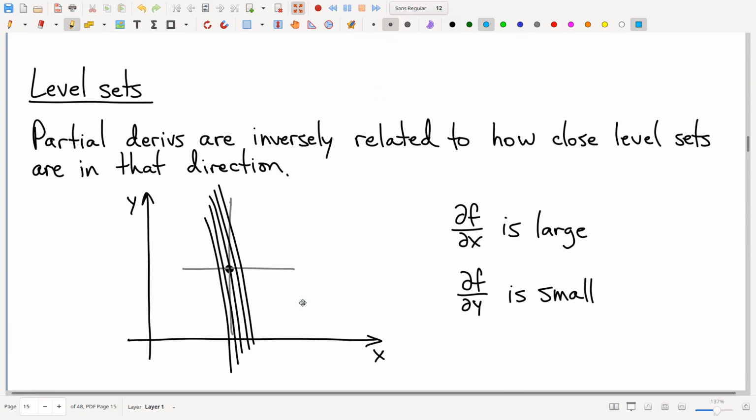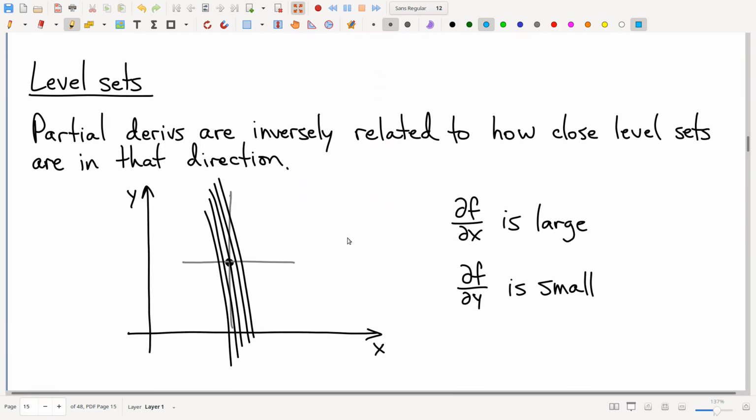Let's talk about level sets. Now this is a dangerous one, because these various level sets that I've got drawn here are curves that do have tangent lines.